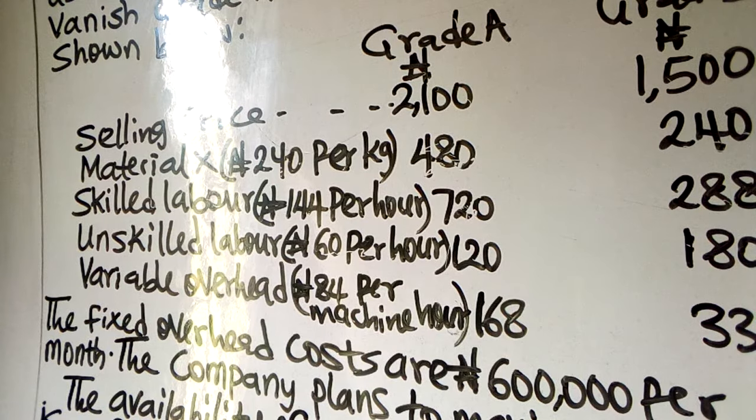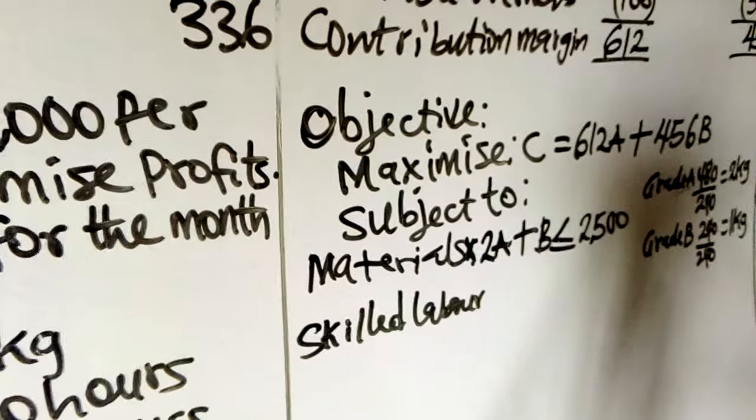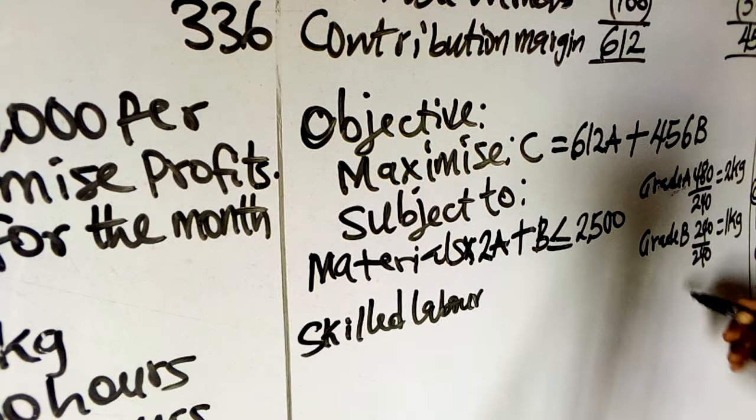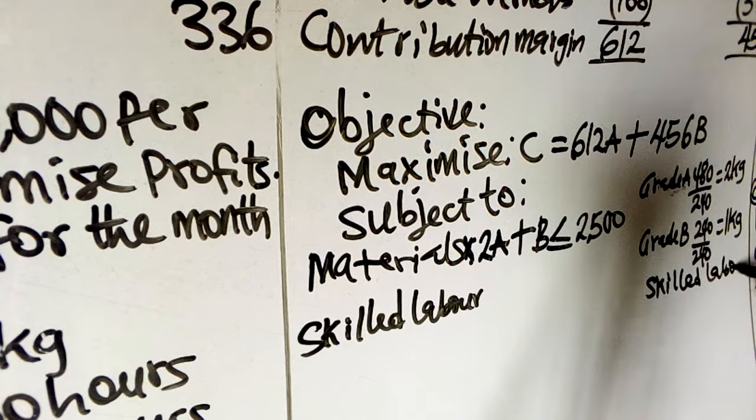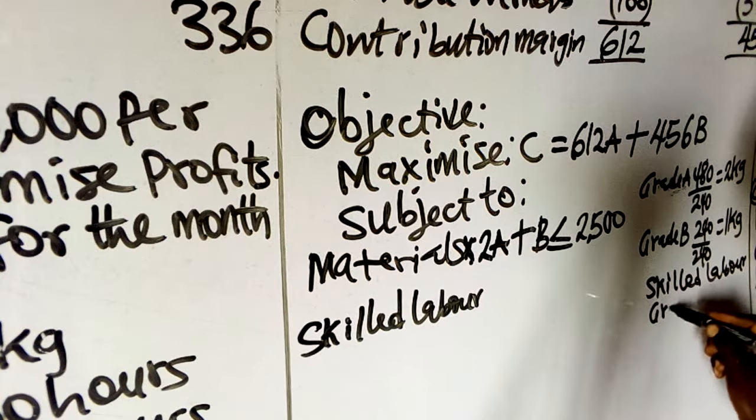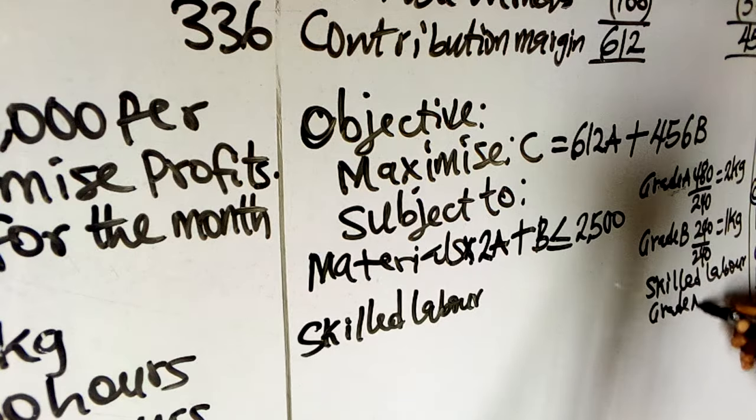So we have skilled labor time. For skilled labor, grade A, which is 720 divided by 144, we have 5 hours.